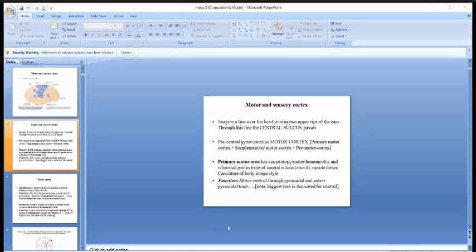This is the lateral side, this is the ventral side. This is for gross movement. Tectospinal, rubrospinal, reticulospinal, vestibulospinal are all for gross movement, and the pyramidal tract is for fine movement.